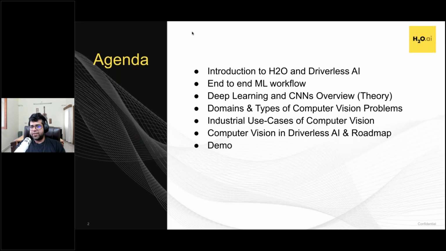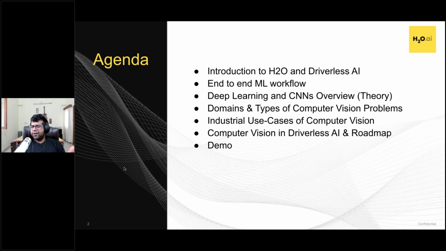So this is today's agenda. I'll start by talking about H2O and Driverless AI. What does an end-to-end machine learning workflow look like? How do we plan to tackle it using our products? I'll give a brief overview about deep learning and CNNs because I'll be throwing out a lot of jargon. So that'll help give some context about it.